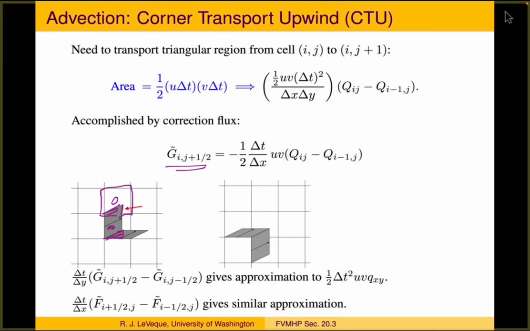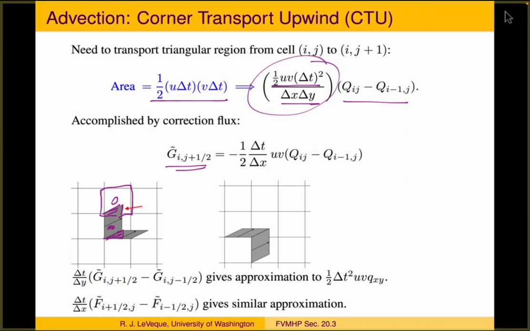So the area of that little triangular piece is the area of a triangle, 1/2 the base times the height, which are u delta t and v delta t, and the jump across that wave, that's being transported, is just the jump in q, and then we're moving it this distance, or it's covering this area 1/2 u v delta t squared, but then we're averaging it over the full grid, which has size delta x times delta y.